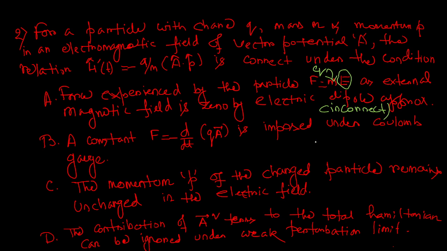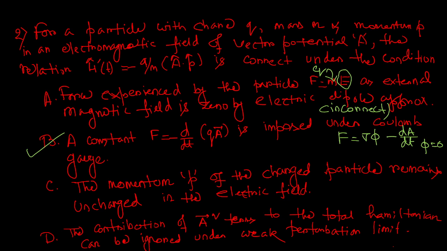Now, as I mentioned, the electric field is written as minus dA by dt, and under the Coulomb gauge we take psi equal to 0. So this is a correct option. Now, the statement that the momentum p of a charged particle remains unchanged in an electric field is not correct.